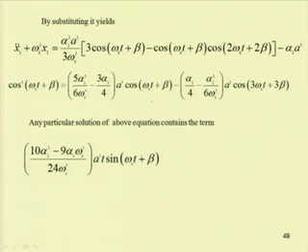But it may be noted that in this equation, any particular solution contains a term 3 into cos omega 0 t plus beta.